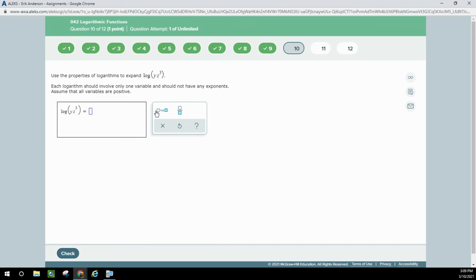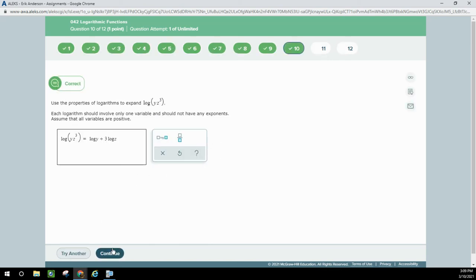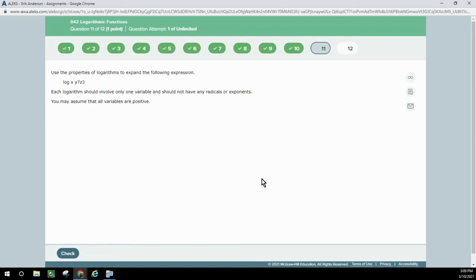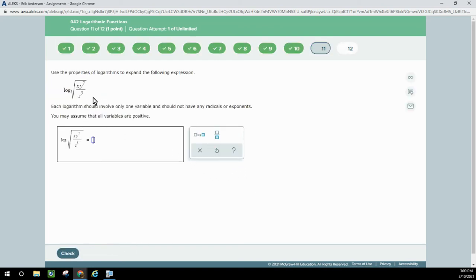Use the properties to expand. So log y plus 3 log z. The big square root is a half power.